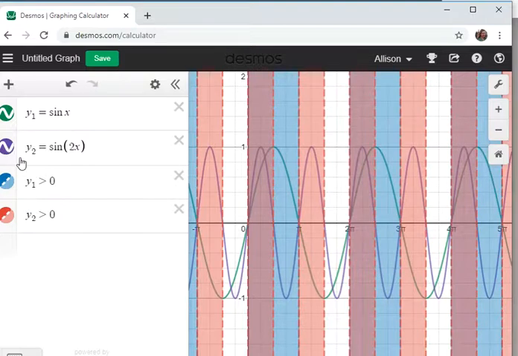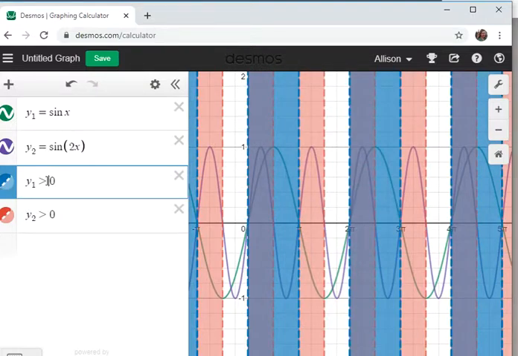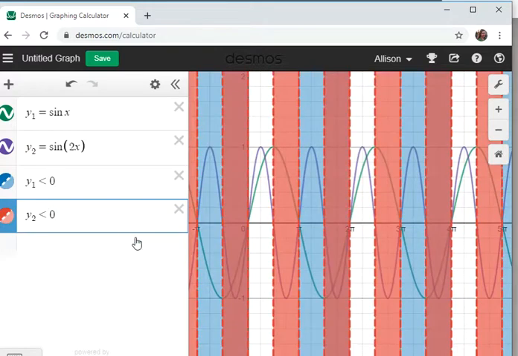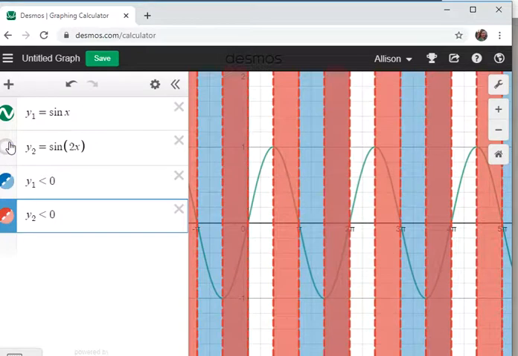And then negative, if we look at the less than 0 piece instead, the purple overlap, I hide one of my functions for a second, the purple overlap is happening for the second half of when the function y1 is negative, so the opposite. Okay.